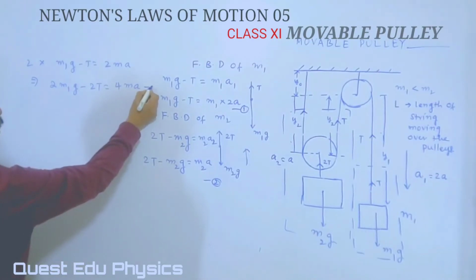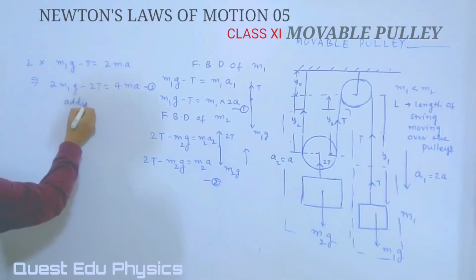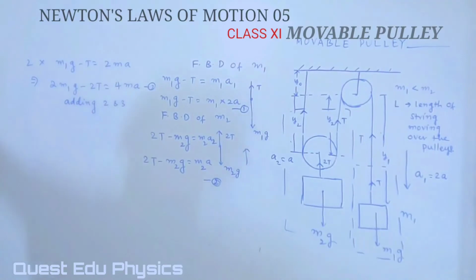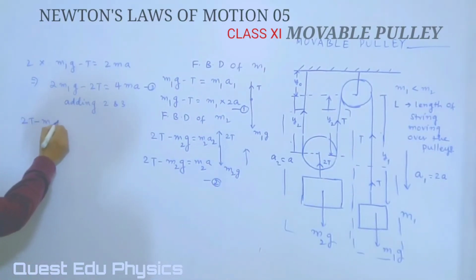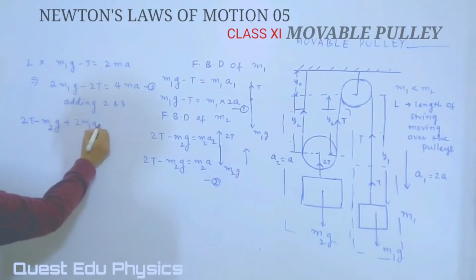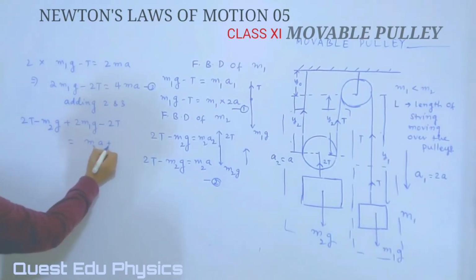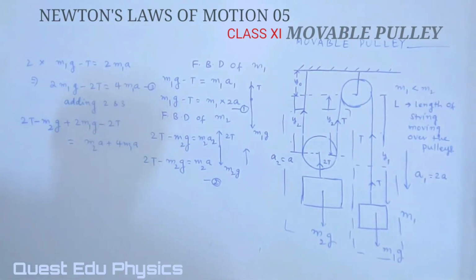Say it as 3, and we have equation 2. Adding 2 and 3, what do we get? 2T minus M2g plus 2M1g minus 2T is equal to M2a plus 4M1a. Isn't it, students?